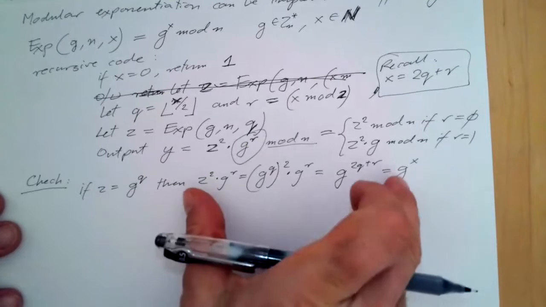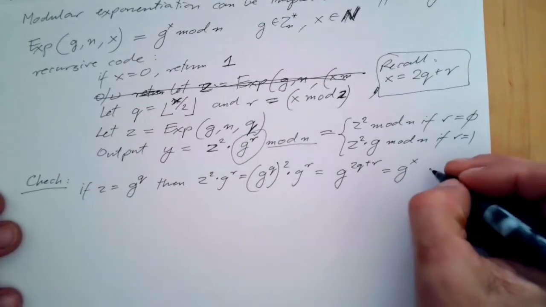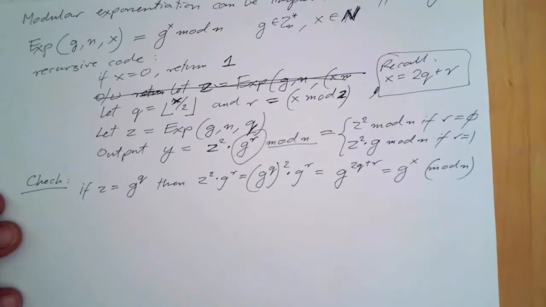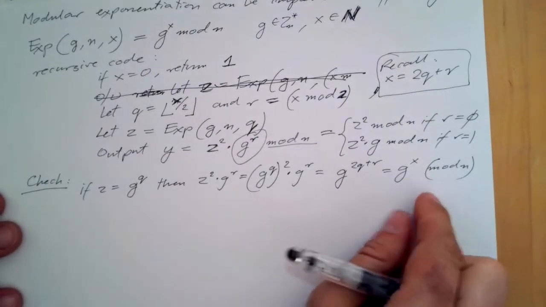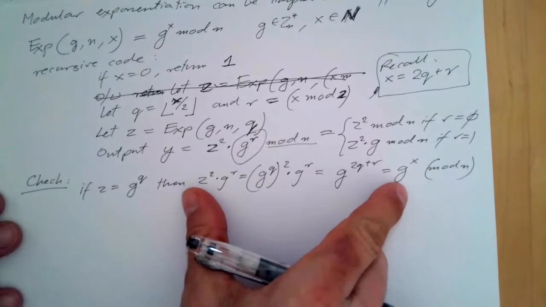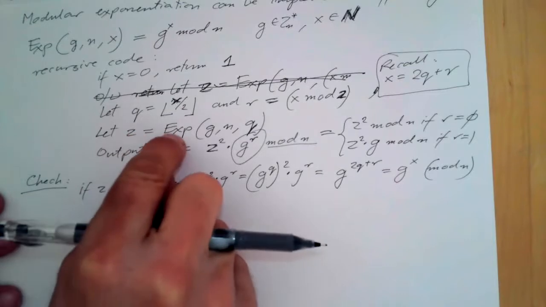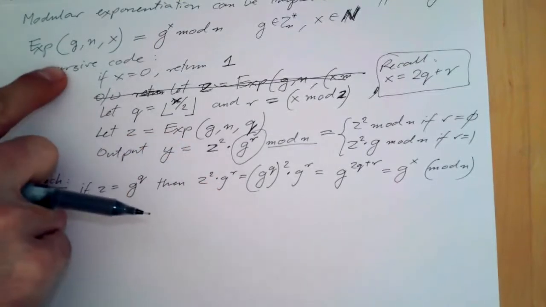So if it's true over integers, then it's also true in modular arithmetic with arbitrary modulus. So if the recursive call is correct, then the output is correct.